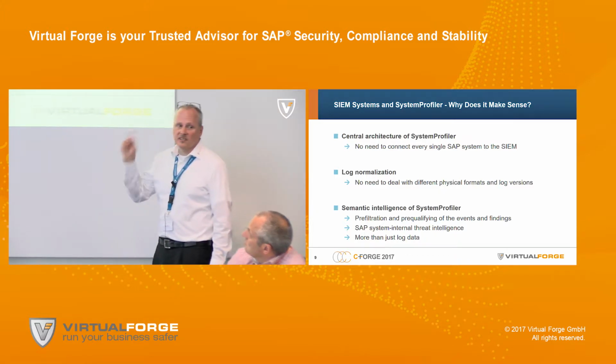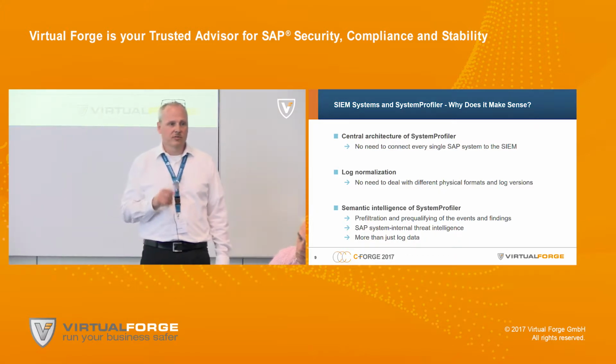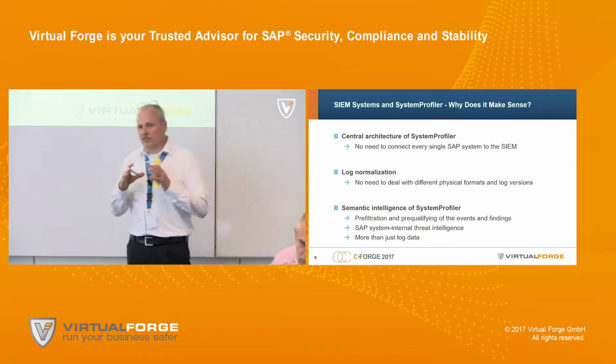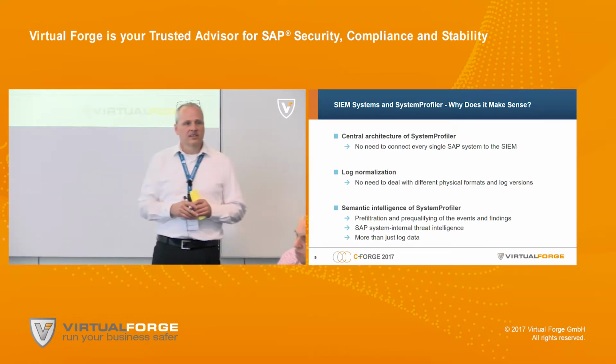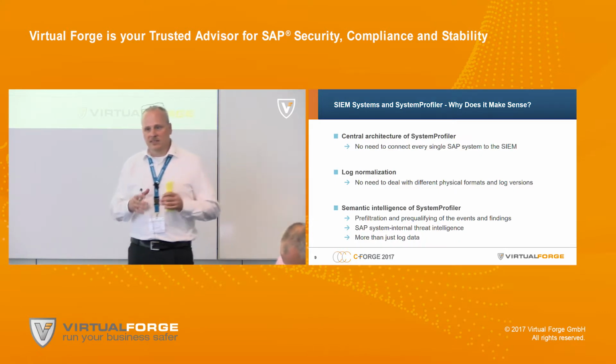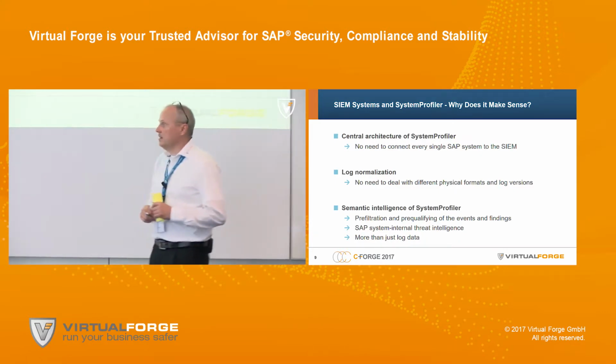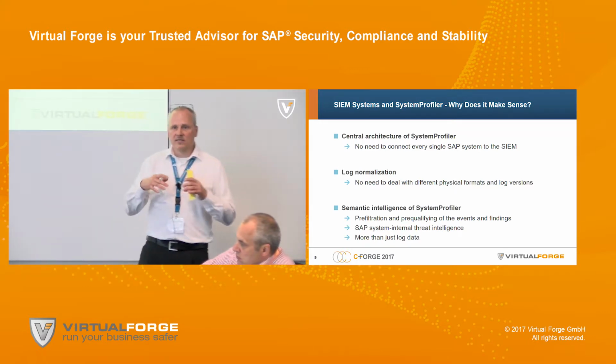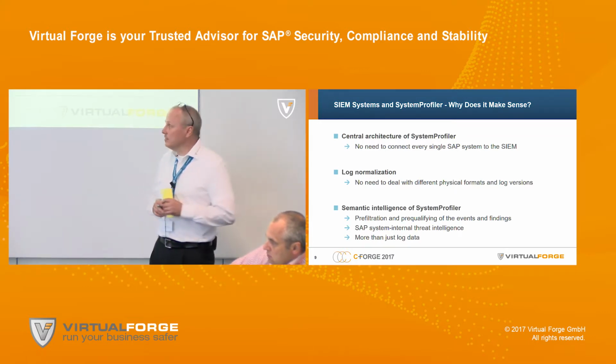The first is a central approach of SystemProfiler. SystemProfiler is installed in your SAP landscape, but it runs on a central instance and collects all the events, all the critical events in the form of test cases within the central system.